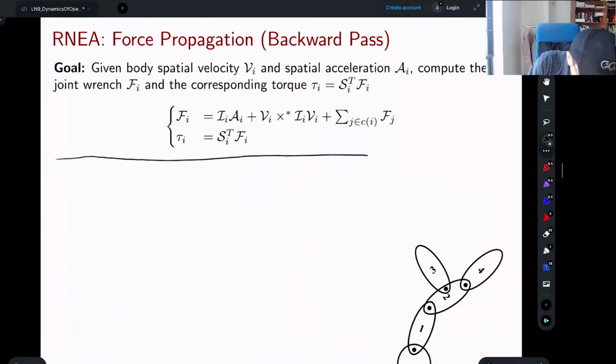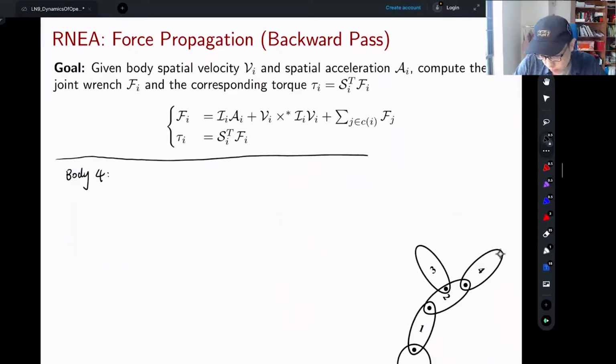Okay, let's say for body 4 here, it does not have any children anymore. It only has a parent. If you just look at body 4 as a standalone rigid body, we just use the Newton-Euler equation.